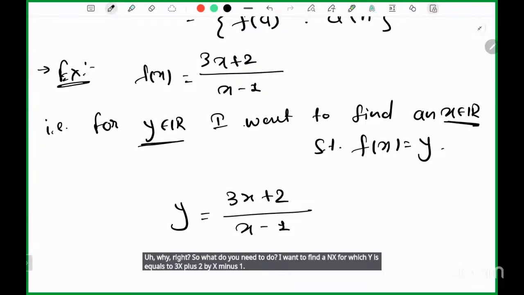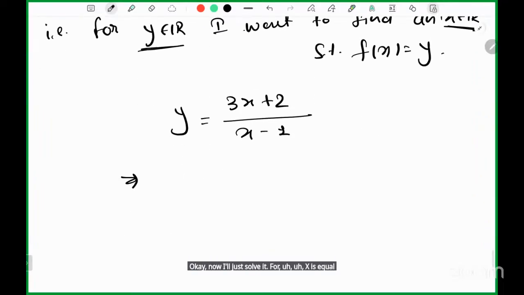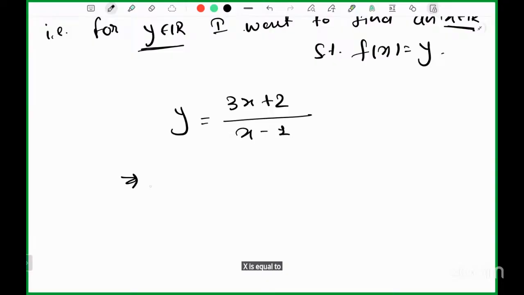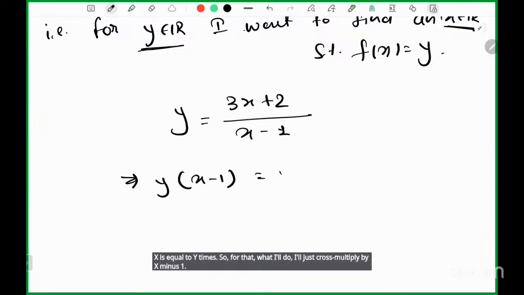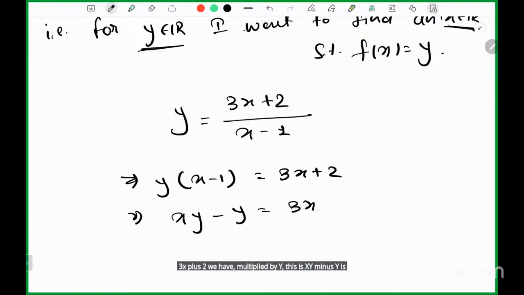Now I'll solve it for x in terms of y. This is written as y in terms of x; I want to write it as x in terms of y. For that, I'll cross multiply by x minus 1, so 3x plus 2 is multiplied by y. This is xy minus y is equal to 3x plus 2.